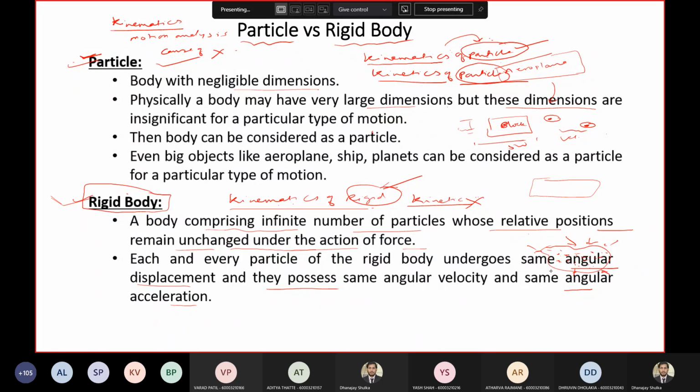That means we can say angular displacement theta, omega, and angular acceleration of the particles are the same. Is it clear to you? The rigid body analysis without considering the cause of motion is referred to as kinematics of rigid body. Is it clear to you?